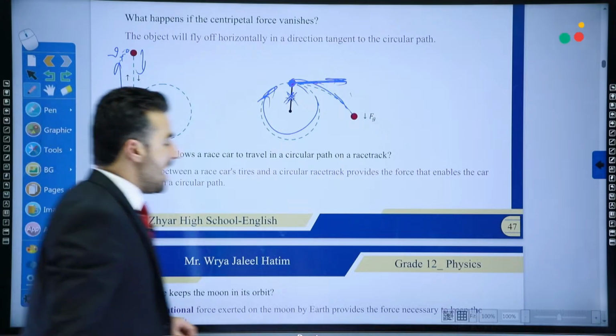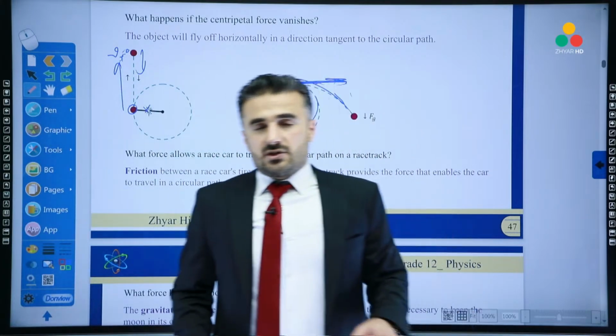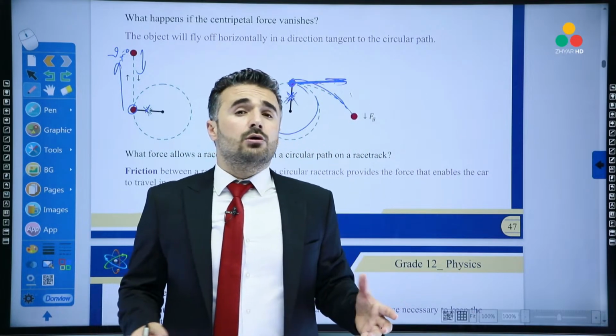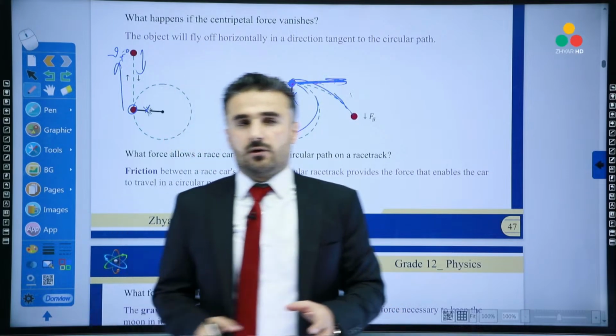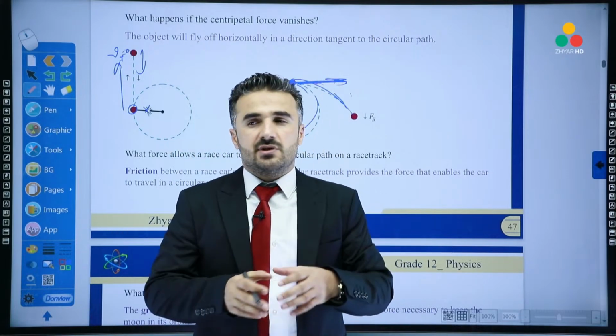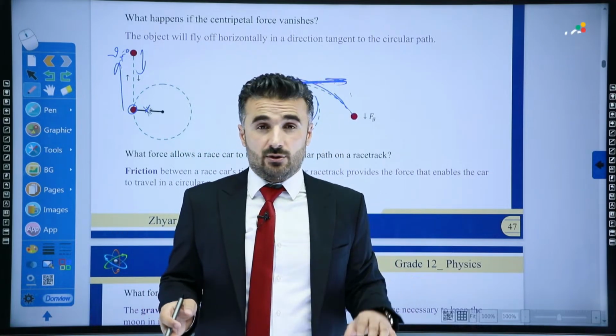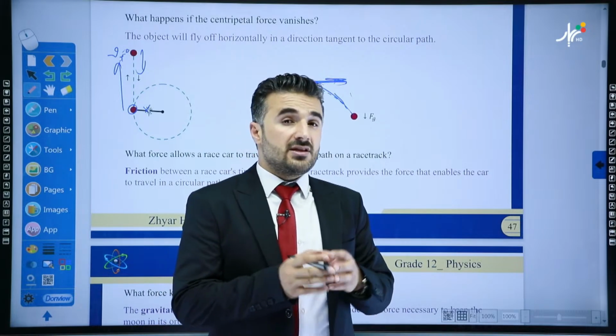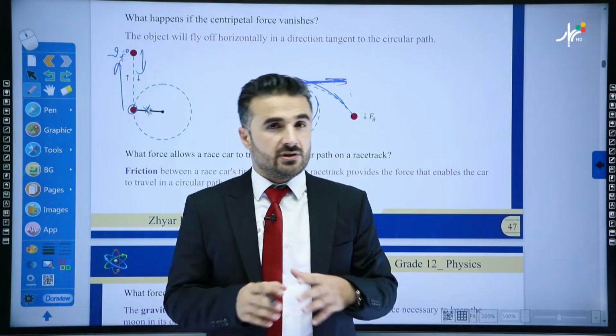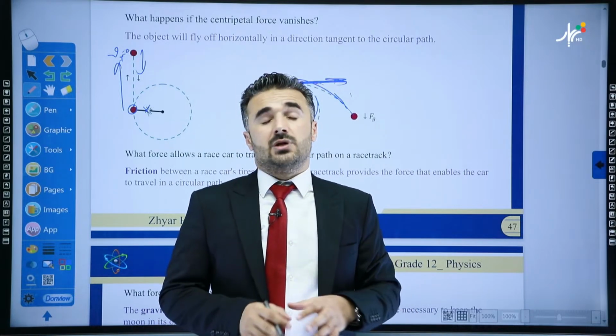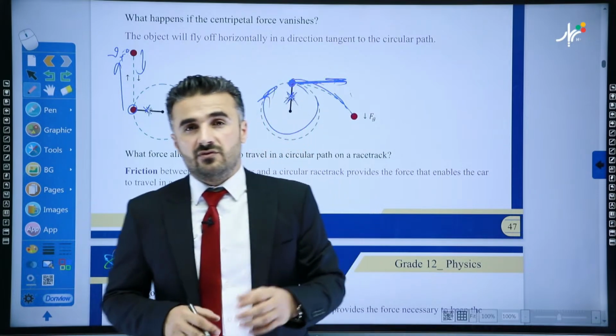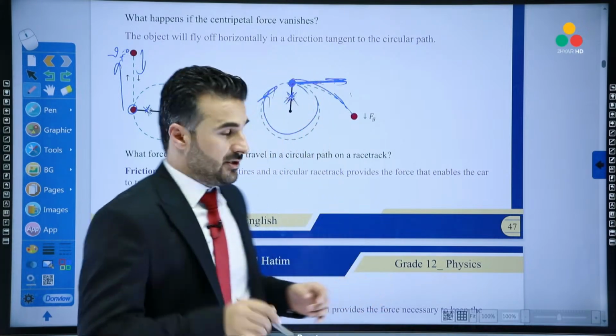So what do we conclude from this? As long as there is centripetal force, the object will move in a circular path. But the moment that centripetal force vanishes, is cut or doesn't exist anymore, the object will no longer move in a circle.